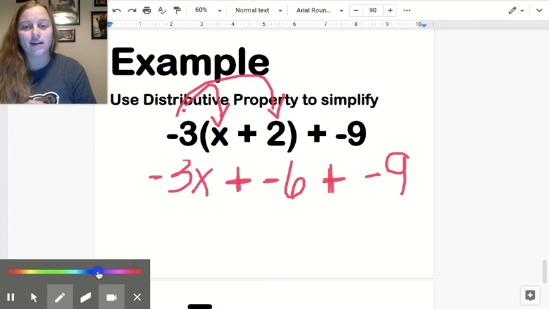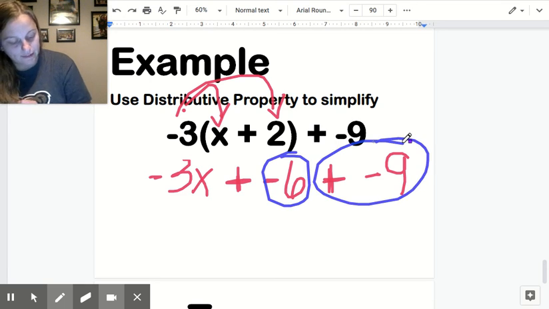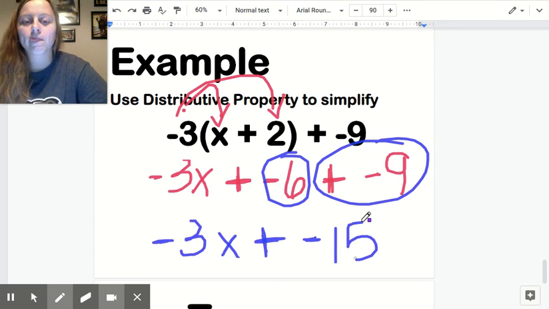Now I can combine like terms. I have two constants here, my negative 6 and my negative 9. So I can combine negative 6 and negative 9. So I have negative 3x plus negative 15, because I'm combining a negative 6 with a negative 9.